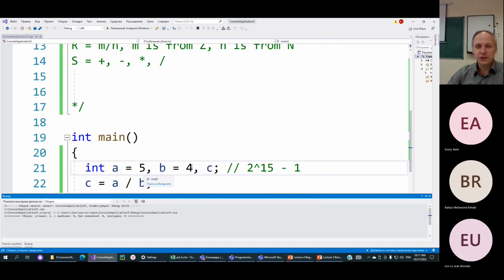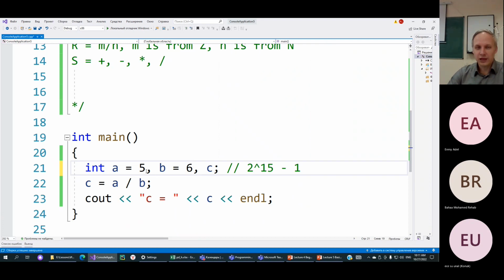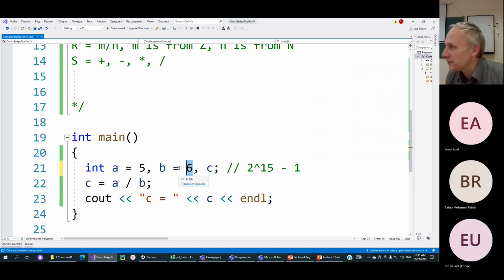Well, but if I write something like 5 over 6, the result will be 0. Because the integer part of the division 5 over 6 is 0.